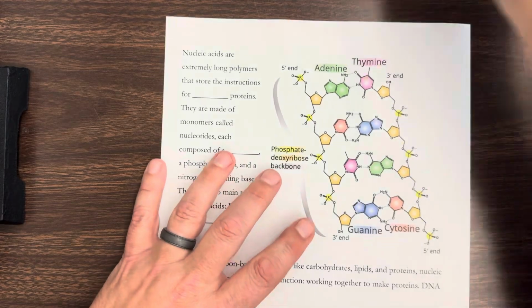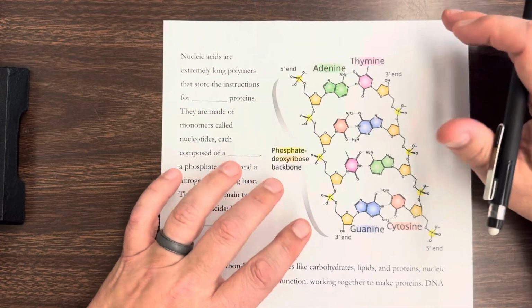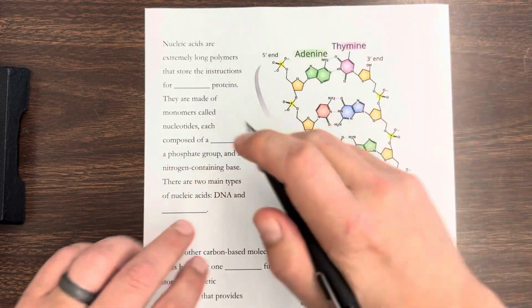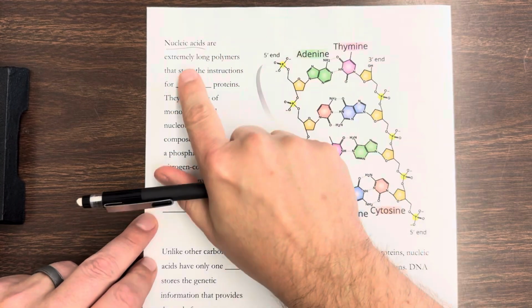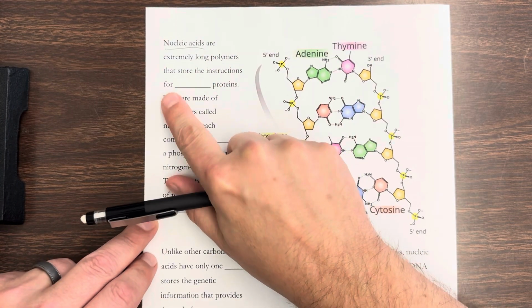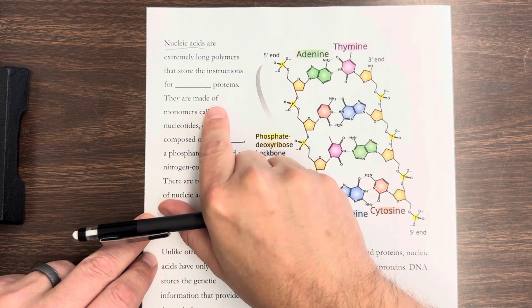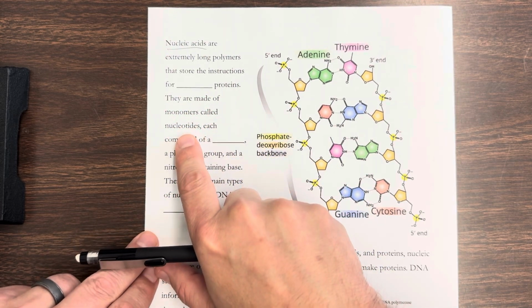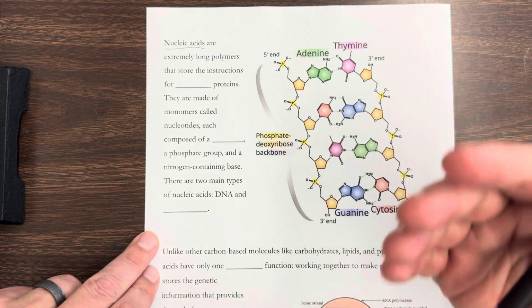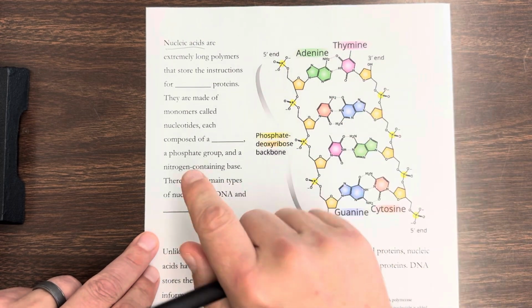All right, and the last of the macromolecules of these carbon-based molecules is nucleic acid. Nucleic acids are extremely long polymers that store the instructions for building proteins. They are made of monomers called nucleotides, so they keep giving us the monomers that we are used to seeing.